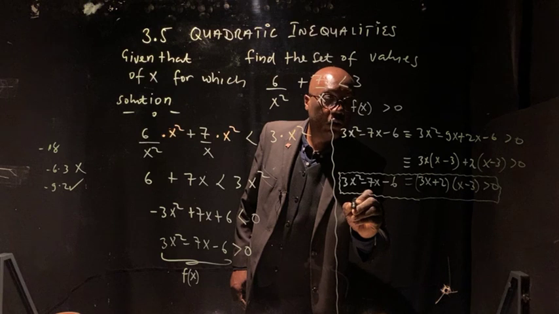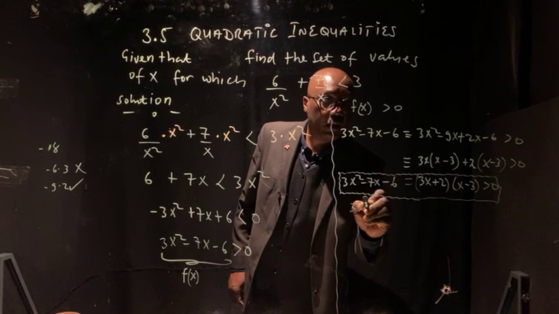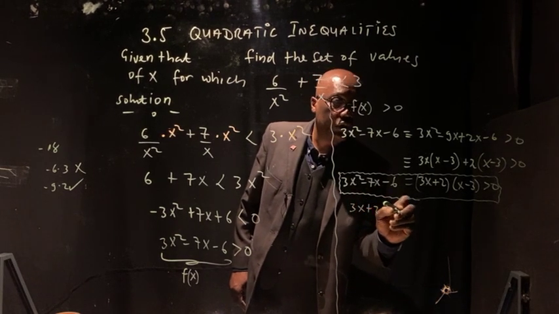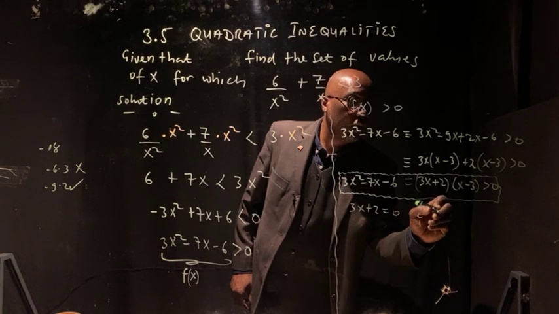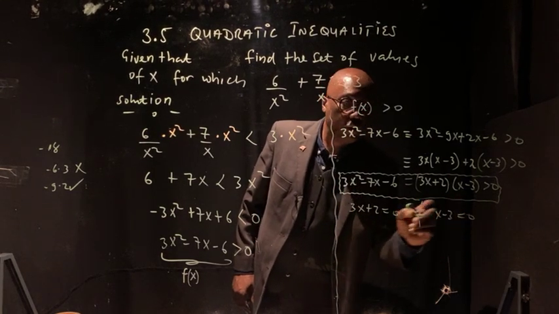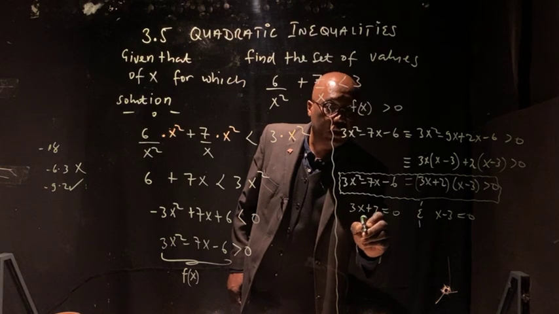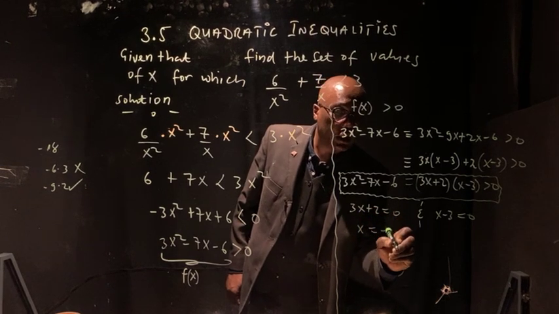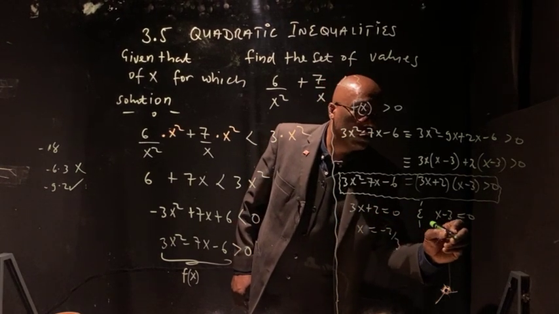So we'll have 3x plus 2 equals 0, and x minus 3 equals 0. We have x equal minus 2 over 3, and x equal 3.